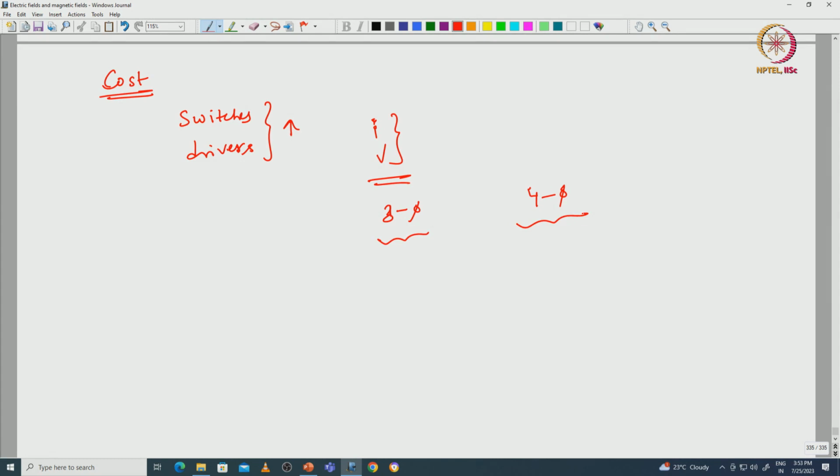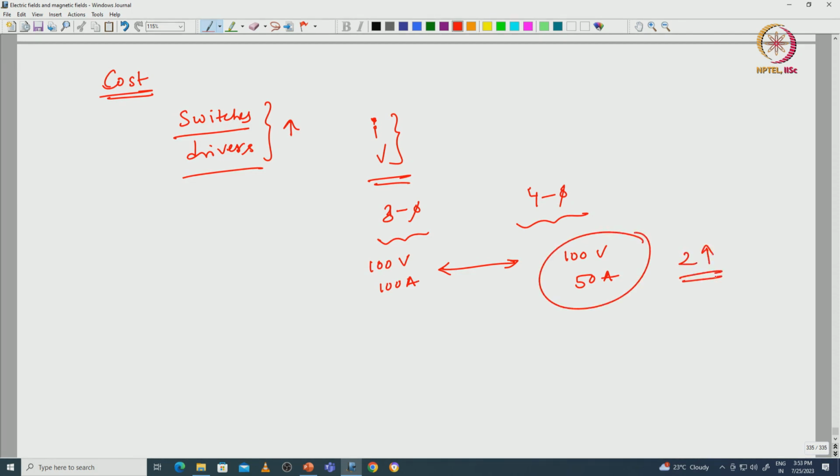In that condition the cost may increase, but the voltage and current ratings of the switches come down while the number of switches goes up, so there will be a slight compromise between the two systems. For example, here we utilize a 100 volt and 50 ampere switch, and here a 100 volt and 100 ampere switch. Even though the number of switches is increased by 2, the cost will be compromised in between. So, we have to select the number of phases depending upon the cost also.